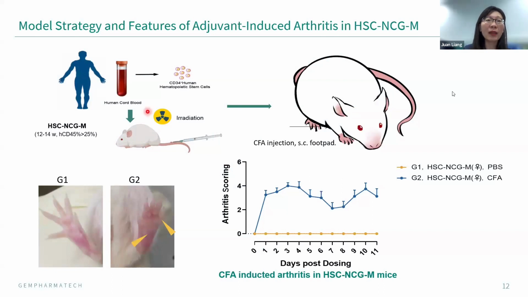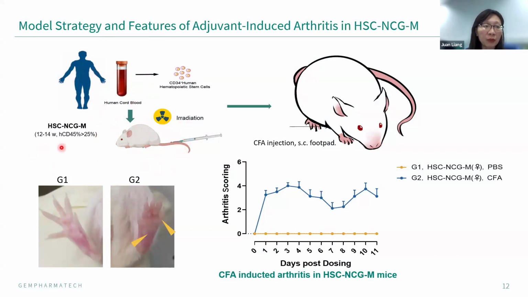So the first one is the CFA-induced arthritis model in HSC-NCGM mice. As I mentioned, first we establish the human immune system in these NCGM mice by transplanting human HSC into them.